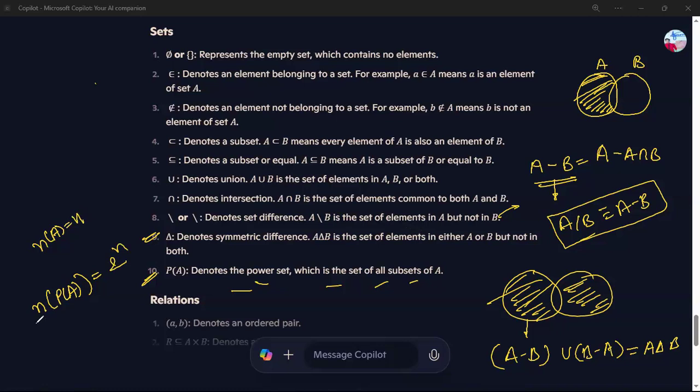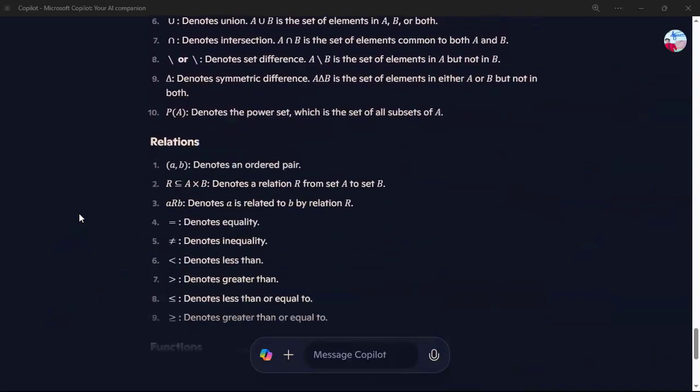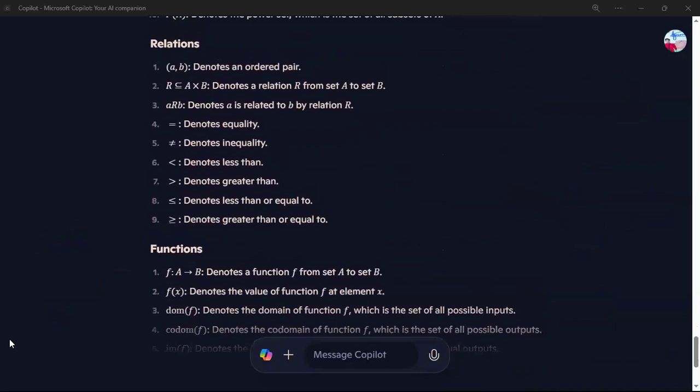Let's discuss relations. So (a, b) is an ordered pair, which denotes an ordered pair. We are going to discuss this in today's class. And R is a subset of A cross B. Now, what is this?